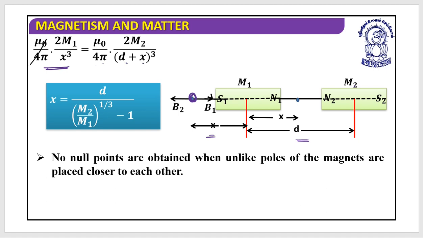So this mu naught by 4 pi can be gone, this 2 could be gone, and I am left with x, which is equal to d upon (m2 by m1) to the power 1/3 minus 1. I hope this is clear.